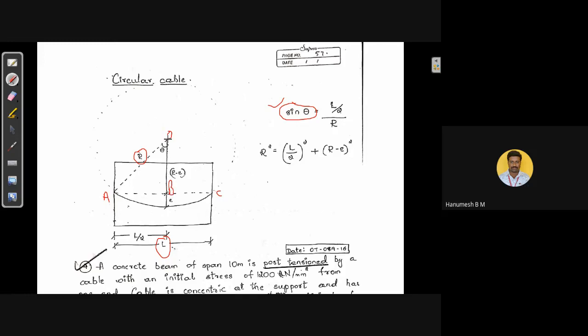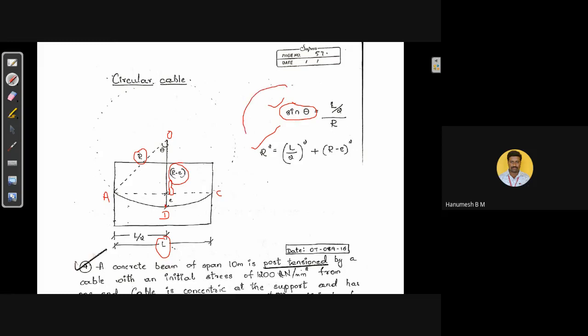From O to D, say at midspan, this point I mark as D. From O to D it is the radius, but from B to D it is the eccentricity of the cable. Hence this OB side will be R minus e. Applying the Pythagoras theorem, we have R square is equal to L by 2 whole square plus R minus e whole square.